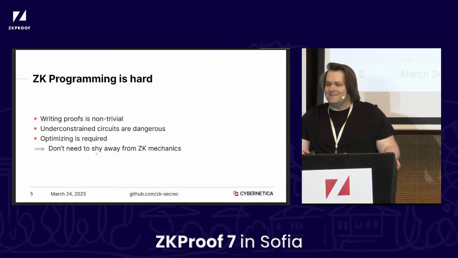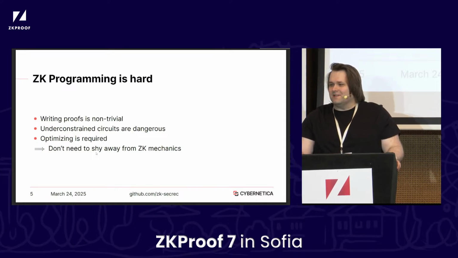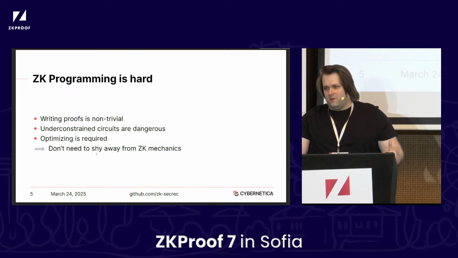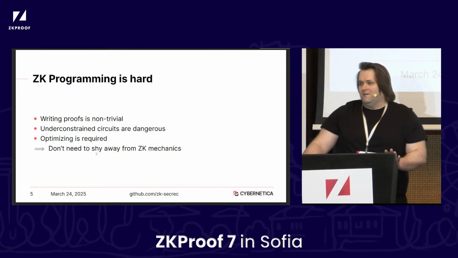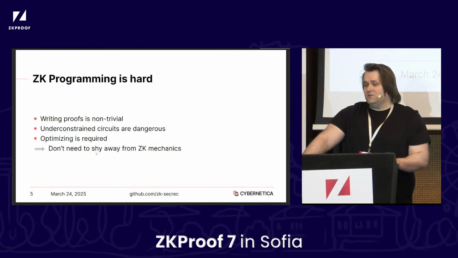This type system might seem complex at first glance, but to be frank, so is zero-knowledge programming. We have taken the approach that, given the difficulties in zero-knowledge programming, we shouldn't shy away from some of the intricacies that zero knowledge brings us, because any programmer writing a zero-knowledge program already needs to keep track of, for example, any constraints, because underconstrained circuits are really, really dangerous.